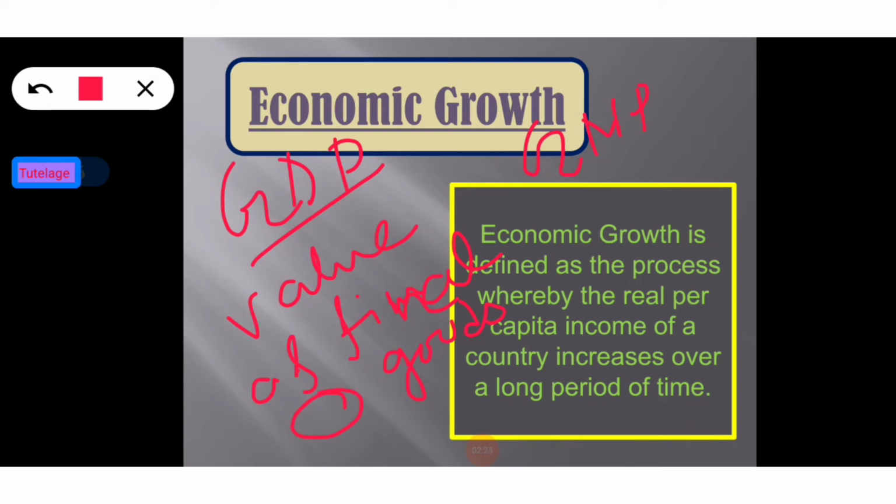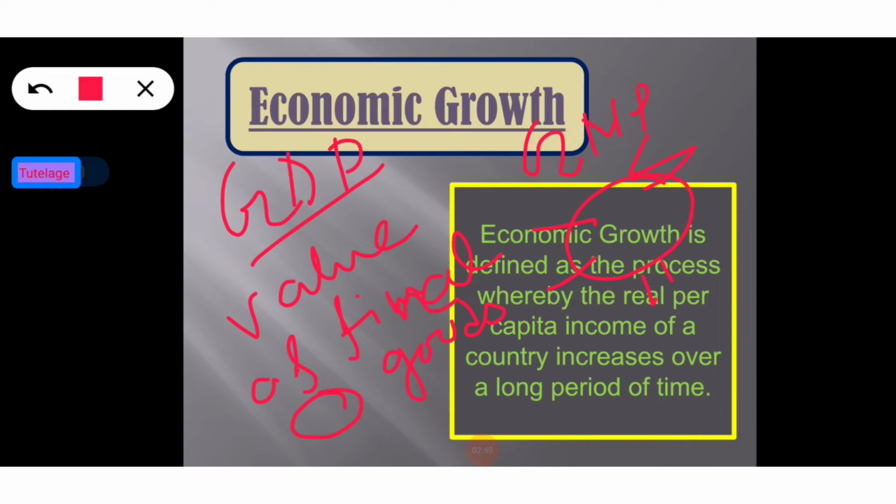On the other hand, GNP is defined as the value of final goods and services produced by the normal residents of the country. That is the basic difference between GDP and GNP, and it differs from GDP to the extent of net factor income from abroad. I think this is clear.